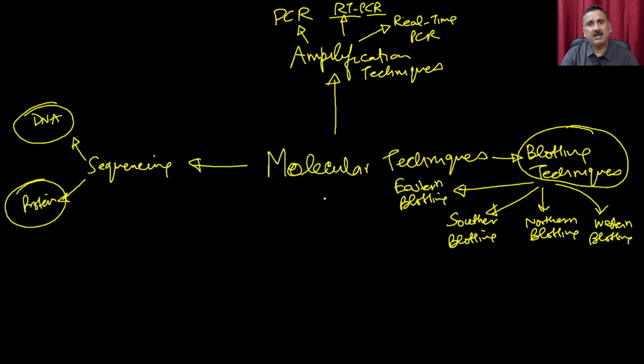And there are many techniques. For example, you can have RFLP, you can have small molecular polymorphisms and all those kinds of things. So, molecular technique is a very vast subject, and there could be a MOOCs course on that actually.